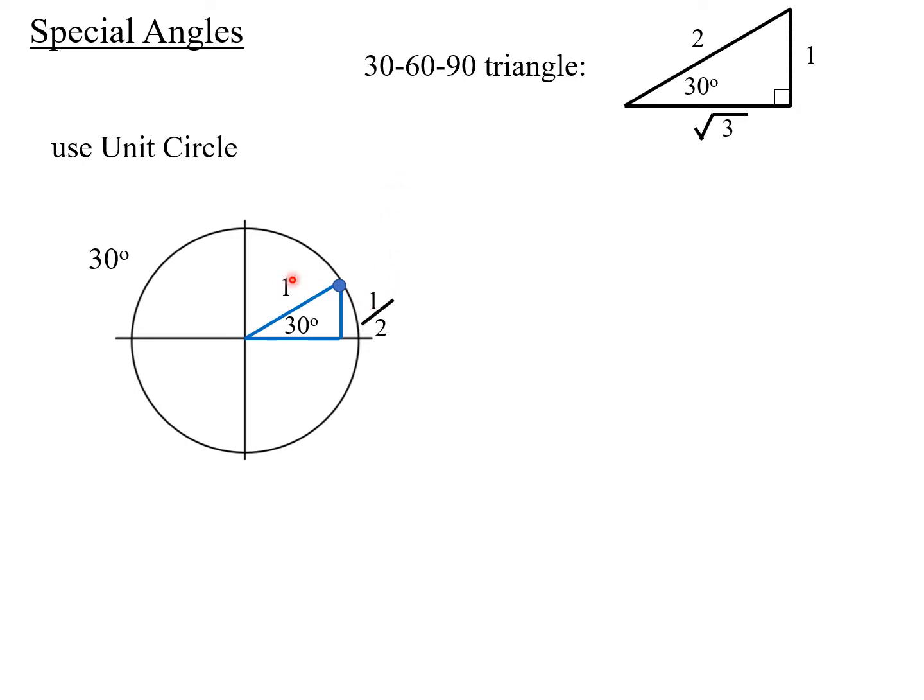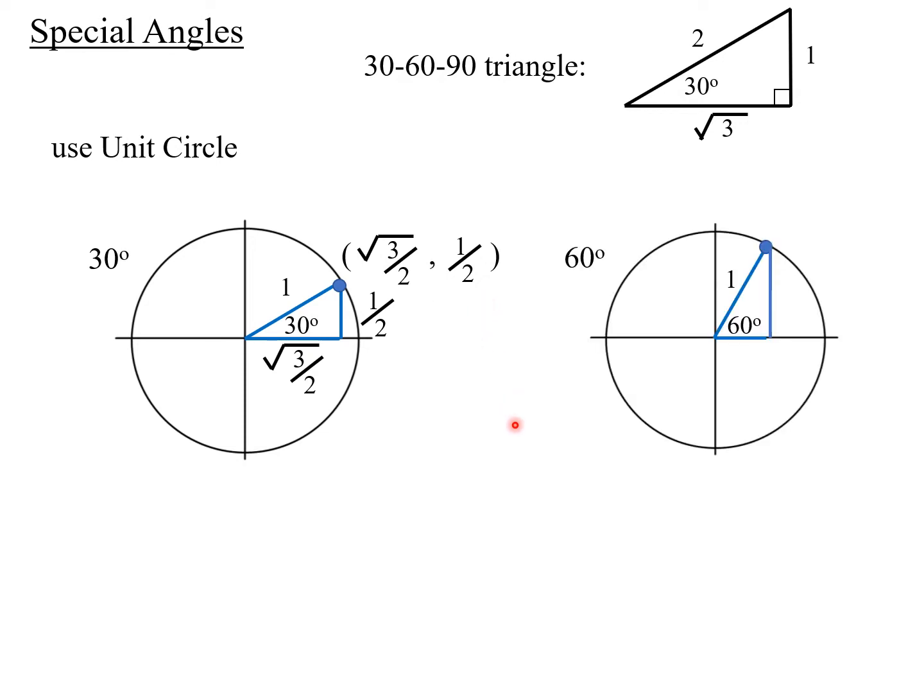And then by Pythagoras, you could determine that the long leg is square root of 3 over 2, which you can also get from here: the long leg will be square root of 3 times the short leg. Square root of 3 times 1/2 will be square root of 3 over 2. That makes the ordered pair of the point on the unit circle root 3 over 2 and 1/2.